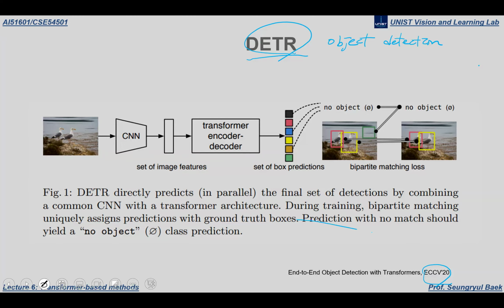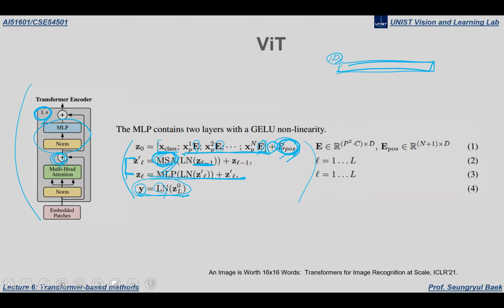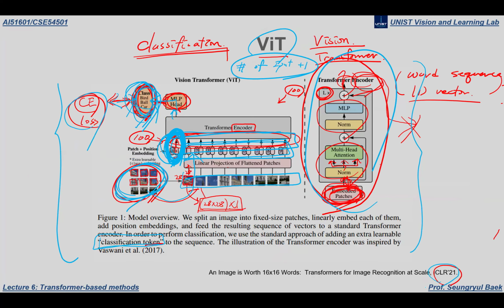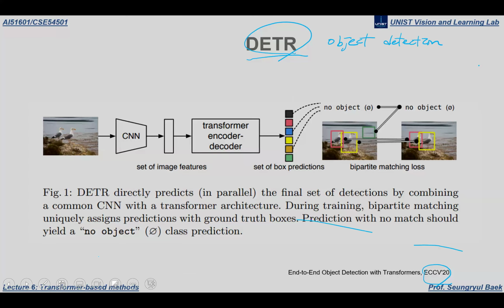The Vision transformer was proposed one year later than DETR, but tackles a simpler task, which is image classification. DETR is tackling object detection, which is a little bit more complex compared to image classification.